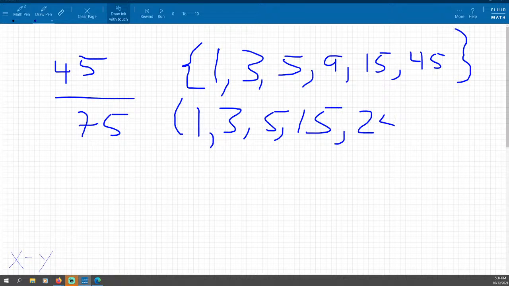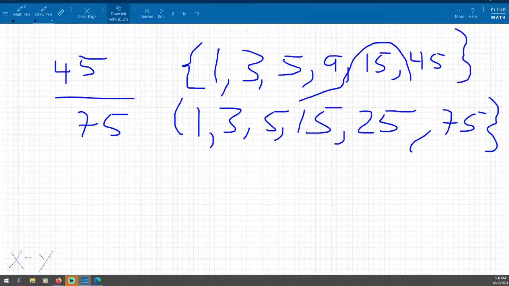And then 25 and 75. So what we're looking for is the highest number that's common to both. So it's not 1 because we have 3. It's also not 3 because we have 5. Next number here is 15. Here's a 15, 25, and so 15 is the highest.